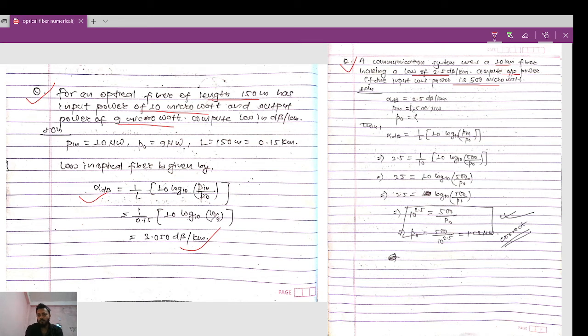So we have given alpha dB, P in, and we have to calculate P naught. Alpha dB equal to 1 upon L, 10 log 10 P in upon P naught. Alpha dB is given as 2.5 dB per kilometer, 1 upon L, and value of L is 10 kilometers. So 10 log 10 500 upon P naught. On solving we will get the value of P naught as 1.58 microwatt.